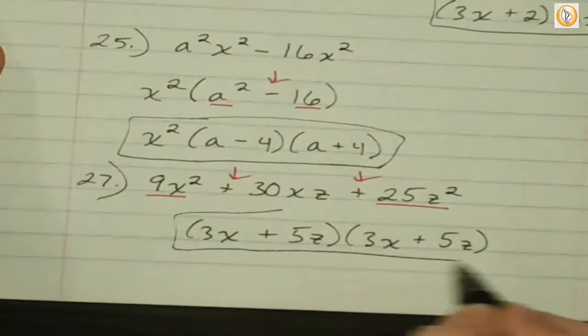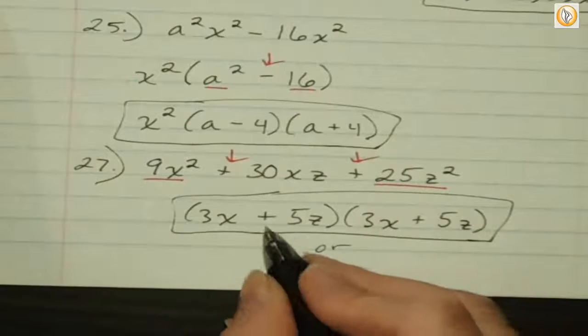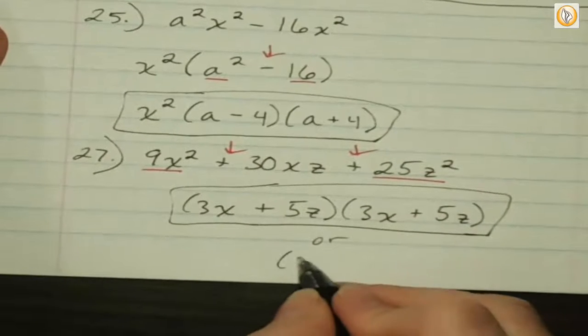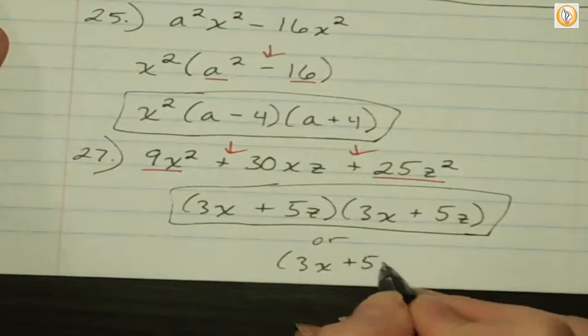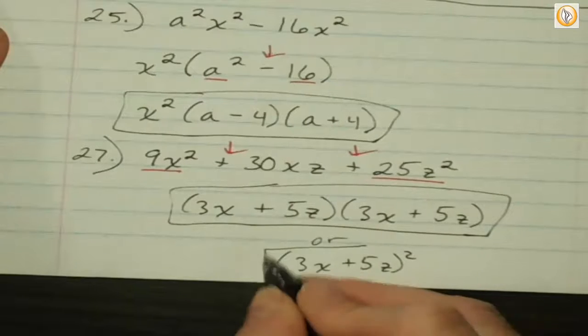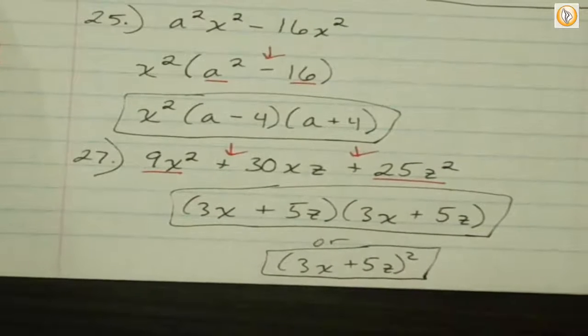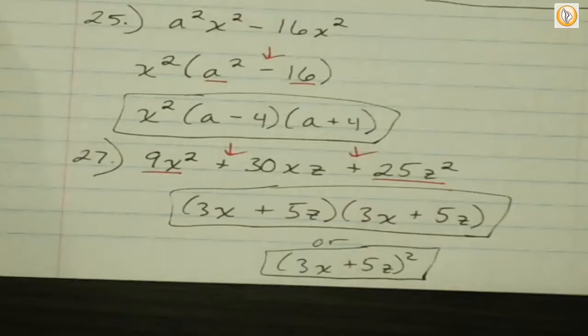Yep. Or, since they're both identical, you could do 3x plus 5z squared. Either one. Any questions?